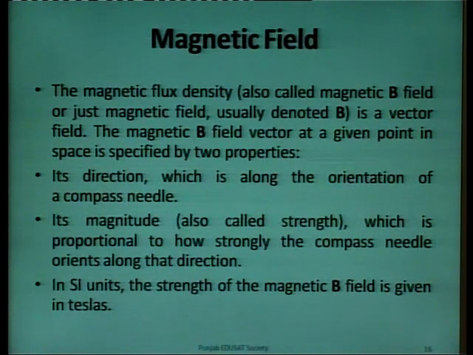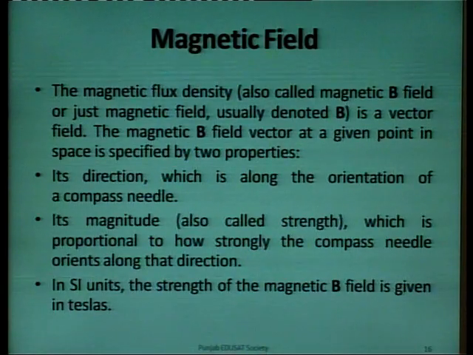Then we have the magnetic field. What is a magnetic field? It is the magnetic flux density, the density of the flux or of the magnetic lines of force. This is called the magnetic field, also called the magnetic B field, and it is usually denoted by capital B. It is a vector field.